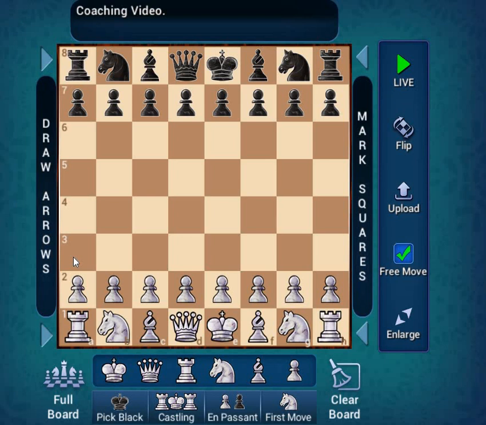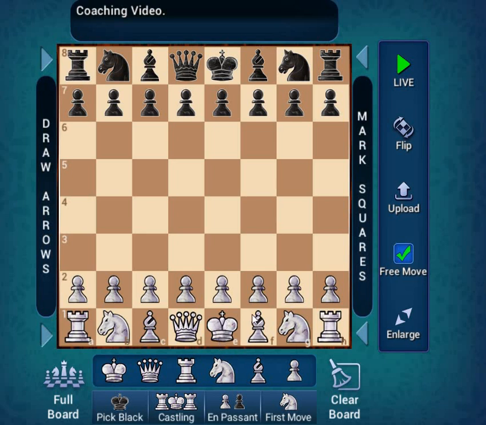Similarly, we can also divide the chessboard horizontally into two sides again. So I think you can guess what it can be called. It's actually called the king side of the board and the queen side of the board.